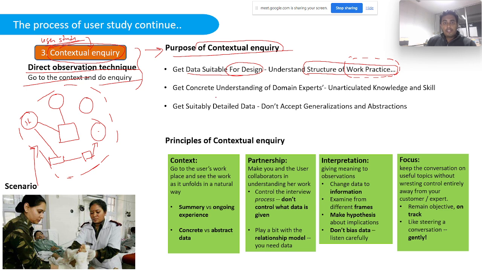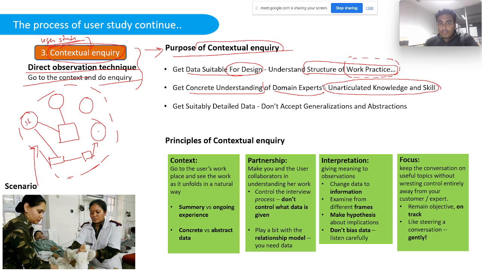Another objective is to get a complete and concrete understanding of various domain expertise or user profiles, and try to articulate their knowledge and skills which are not explicitly visible from outside.